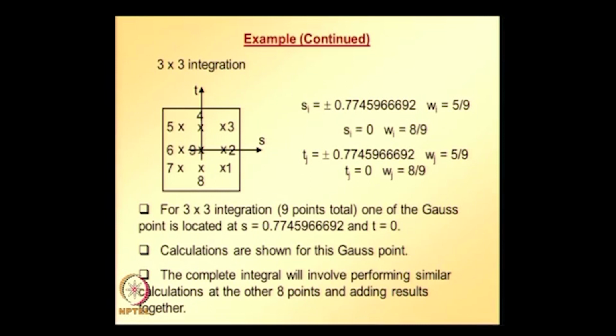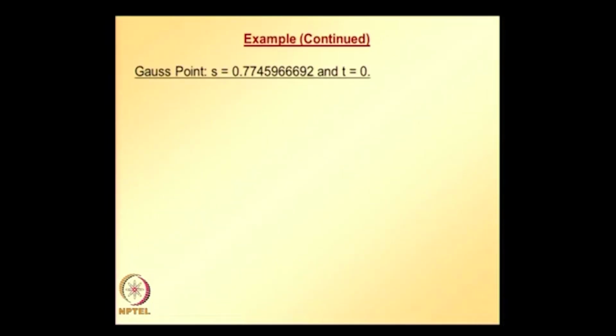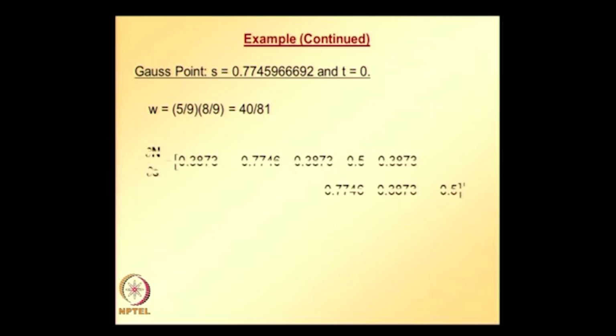So, let us take this point, and for this particular point the weight in the s direction is going to be 5 by 9 and the weight in the t direction is going to be 8 by 9. So, the total weight is going to be 5 by 9 times 8 by 9. This is what I mentioned about the weight.